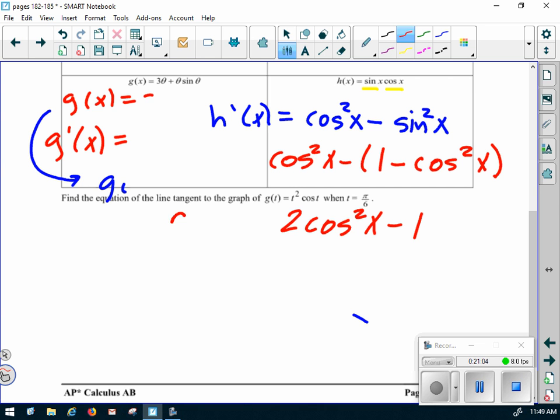Ladies and gentlemen, that's cosine of 2x. That's a double angle formula that you did last year. We didn't do the derivative last year, but you learned this last year.